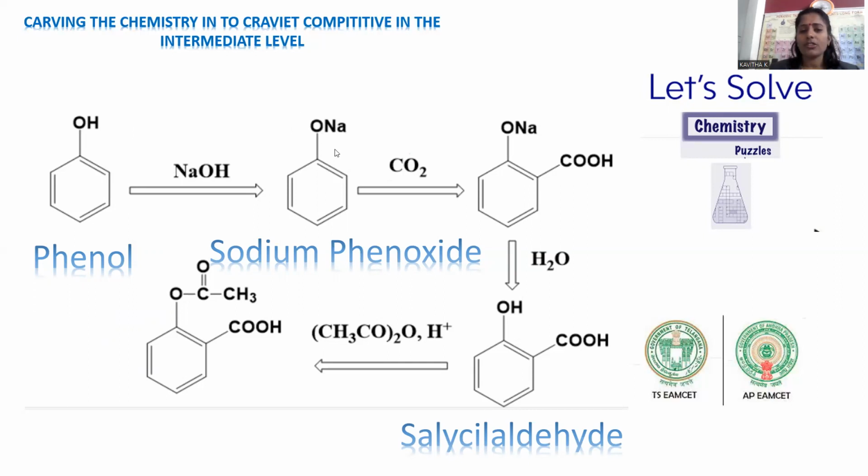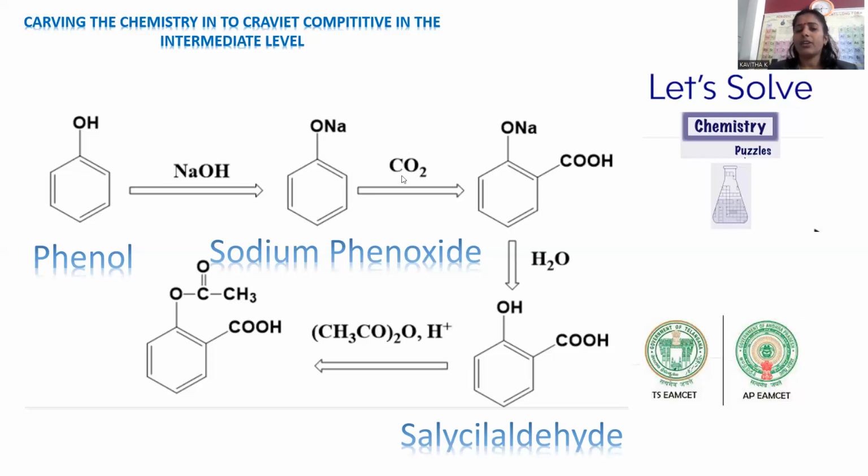The sodium phenoxide salt is further treated with carbon dioxide. Carbon dioxide has an electrophilic carbon here because two oxygens are dragging pi bonds towards the oxygen atoms, creating electron deficiency at the carbon, and it will be bonded to the ortho position specifically rather than para. You are already aware, this is the oxygen. Oxygen is electron releasing, so it is ortho para directing in nature.